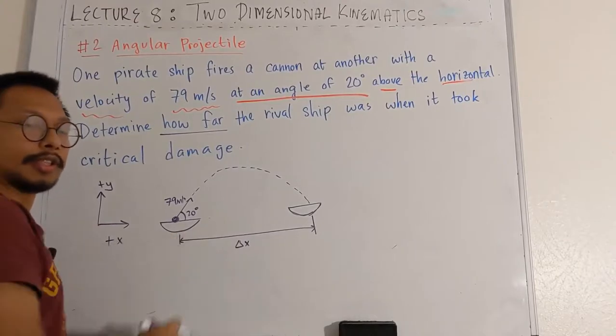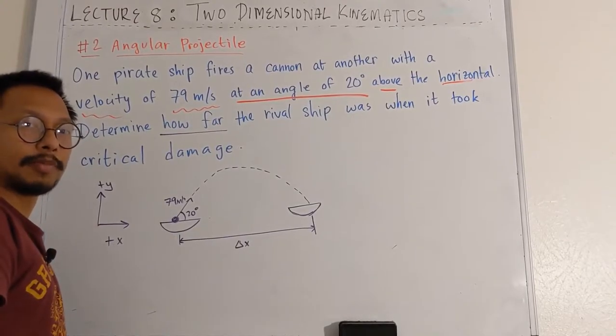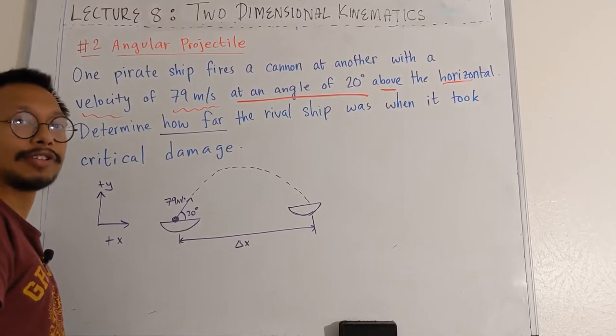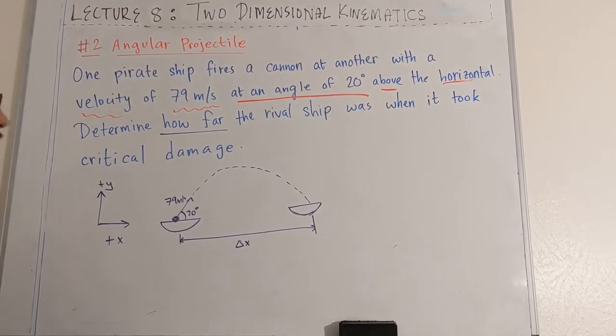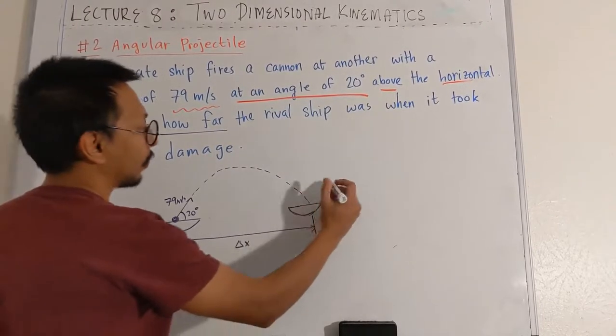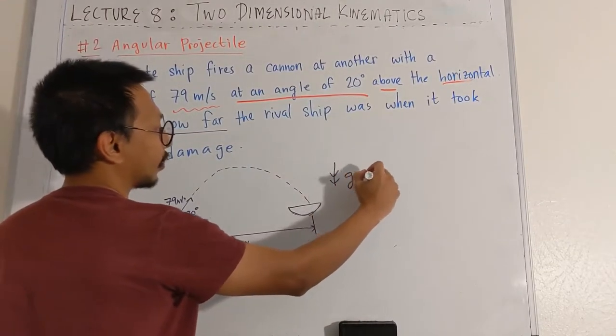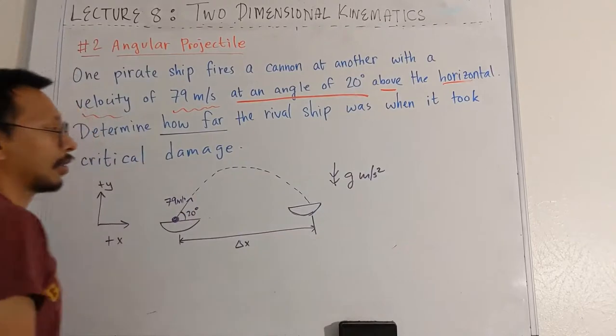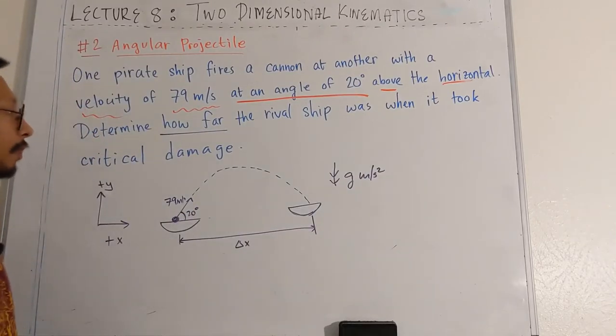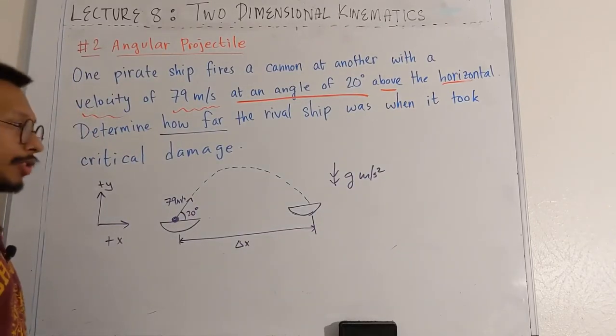The horizontal distance traveled by a projectile is sometimes called the range of the projectile. Also, as always, gravity makes anything trying to move up come downward. So this is our situation given to us.